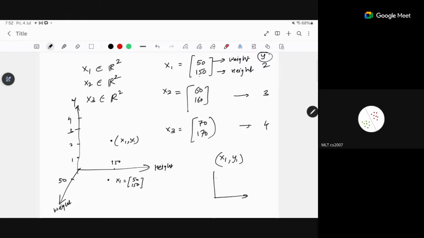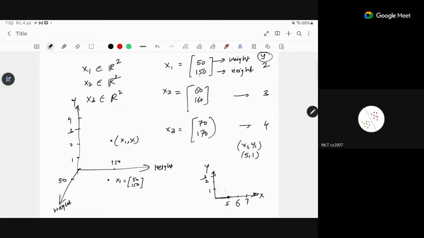Generally this is in a space. X and y are here in the two dimensional case. When I say x1 is 5, the x1, y1 pair is 5 comma 1. So x1 is here, x2 is here, x3 is here, and their corresponding labels will be 1, 2, and 3.